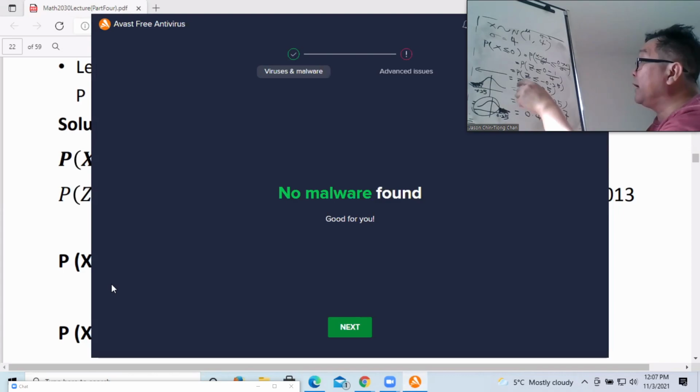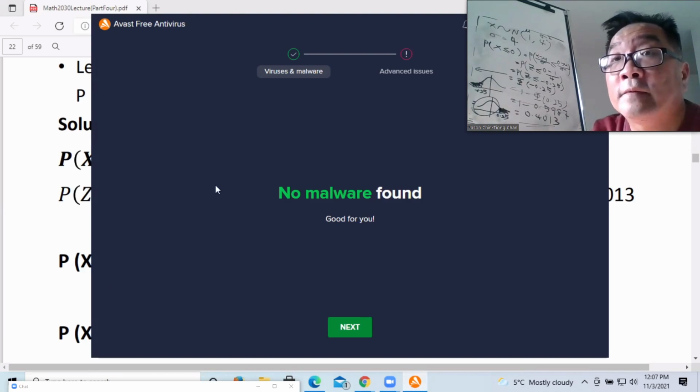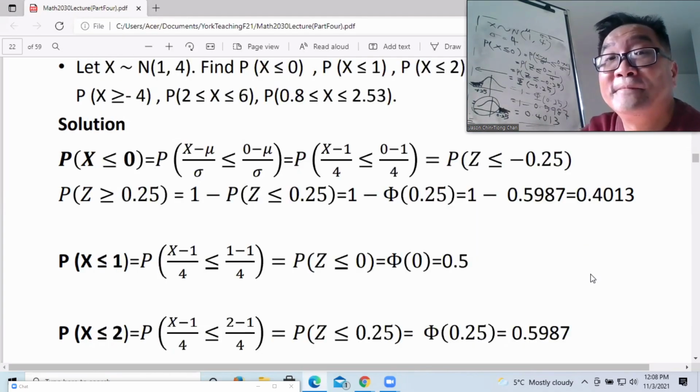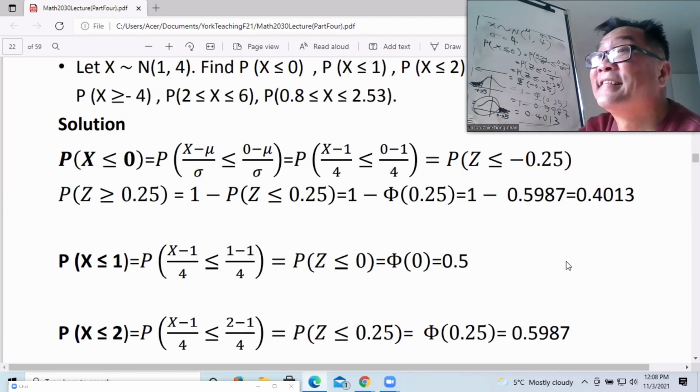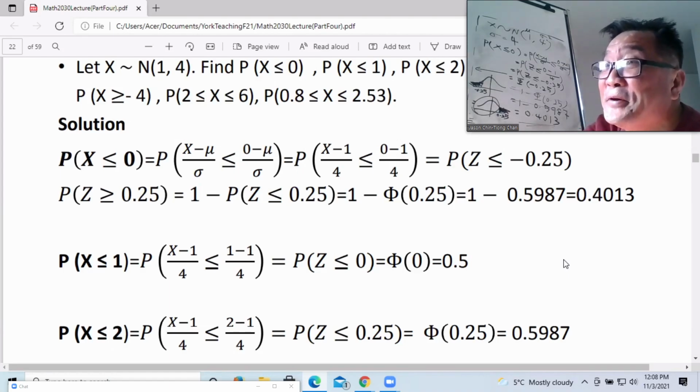If you're not writing this one, you go right away to this one, that's fine. Yes, you can find negative values in a negative table. I'm fine.